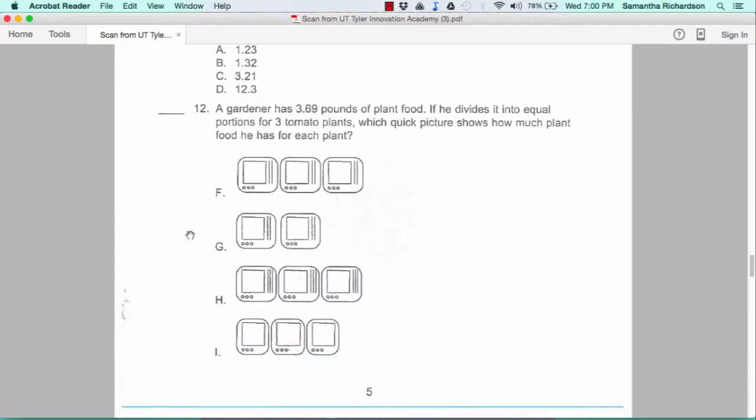Number 12. A gardener has 3.69 pounds of plant food. If he divides it into equal portions for 3 tomato plants, which quick picture shows how much plant food he has for each plant? F, G, H, or I?